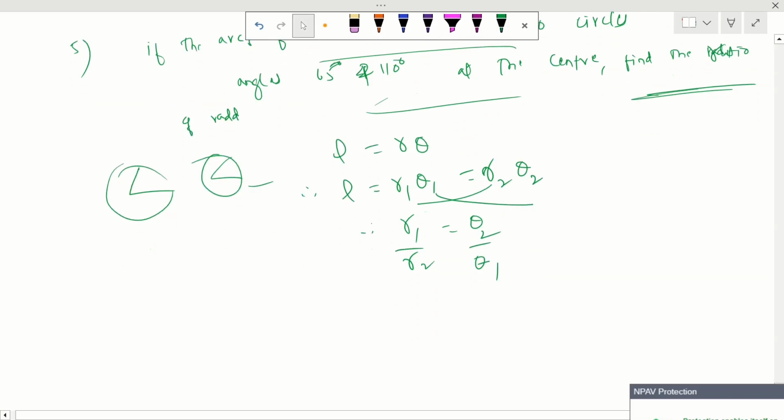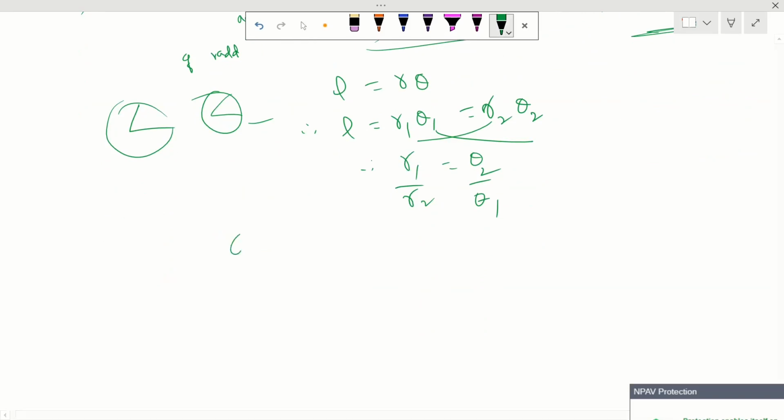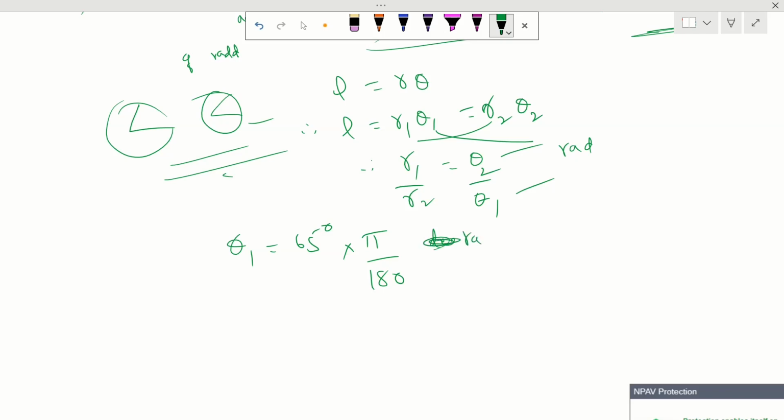So here theta 1 is given as 65 degree. But in the formula, theta is in radian. Then we have to convert 65 to radian. If we multiply with pi by 180 degree, then it becomes radian.